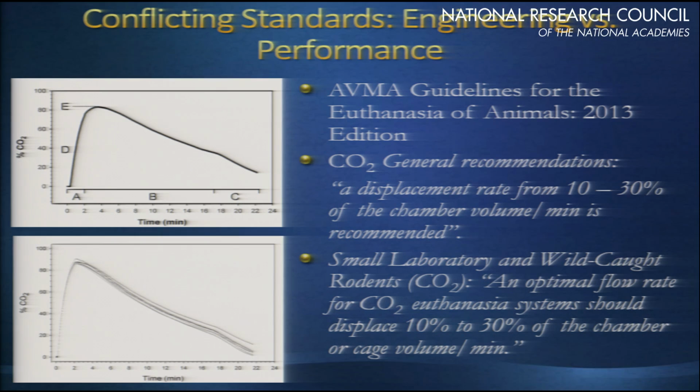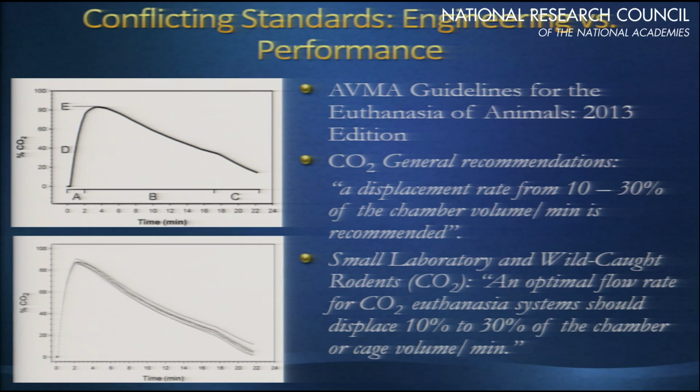And if you look here, again, here is a series of CO2 concentration curves from within cages on the rack. But what I will tell you is if you look at the rate at which the gas increases, it averages approximately 65% of the displacement rate per minute.